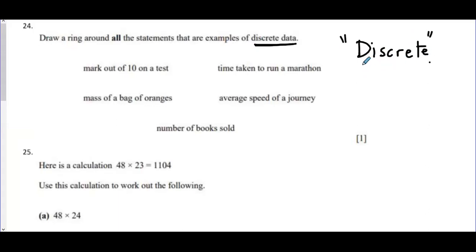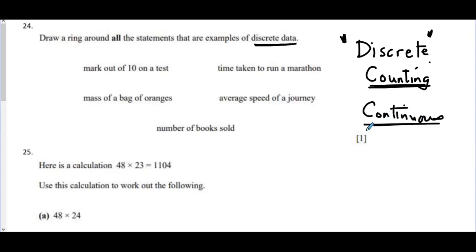So we say the term discrete means counting. Any data that you collect by counting, that is discrete data. Now, the opposite of discrete is continuous. Okay, what does continuous mean?